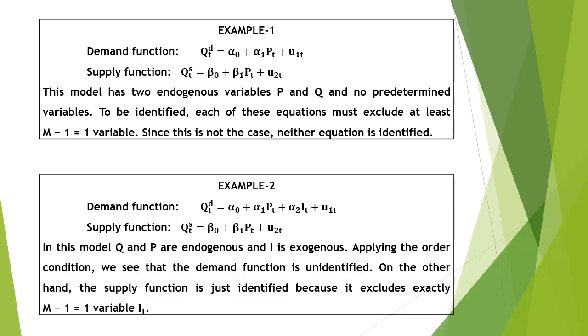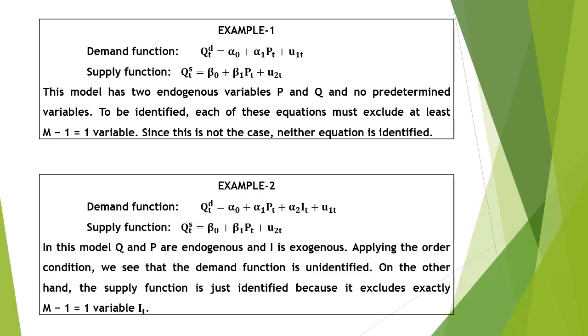This model has two endogenous variables, P and Q, and no predetermined variable. To be identified, each of these equations must exclude at least m minus 1, equal to one variable. Since this is not the case here, neither equation is identified.